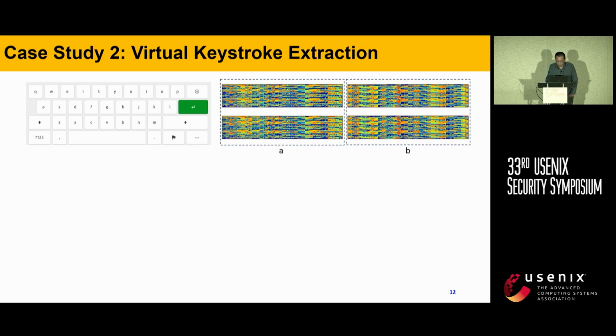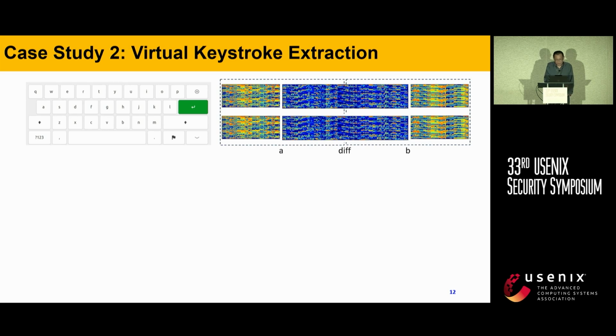Here's an example of memorygrams captured using our primitive on an RTX 3080 for pressing A and B twice. You can observe some differences, but for a better effect, we show a differential view to highlight the differences between A and B and the consistency in the differences.